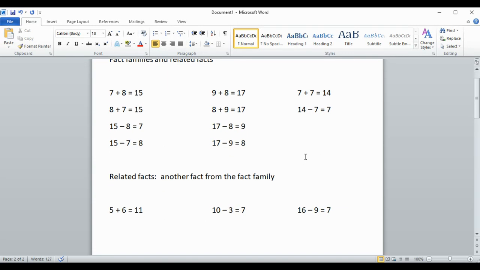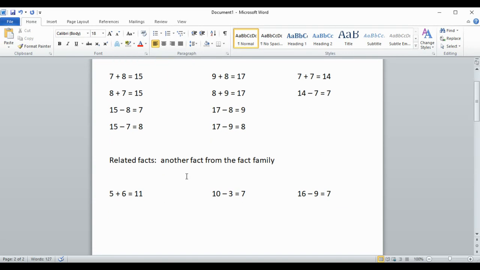So when we talk about what does a related fact mean? Well, here is one member of the fact family. So if we are going to look at a related fact, we can either do a subtraction or another addition. So if we're going to do the other addition, we're going to say 6 plus 5 equals 11. That's going to be the other addition member. So this is a related fact of this.